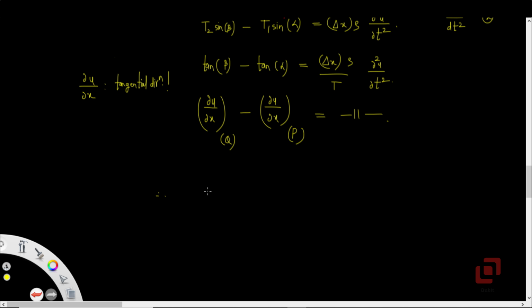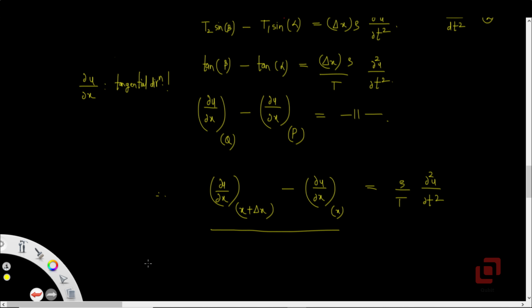Therefore, now what I'm going to do is, I'm going to bring in this delta x which is sitting in the right hand side. Let me bring it to the left hand side. So we'll have partial u by partial x at x plus delta x minus partial u by partial x at x. So x and x plus delta x are merely the x coordinates of points P and Q. The right hand side will now be rho by T partial squared u by partial t squared.